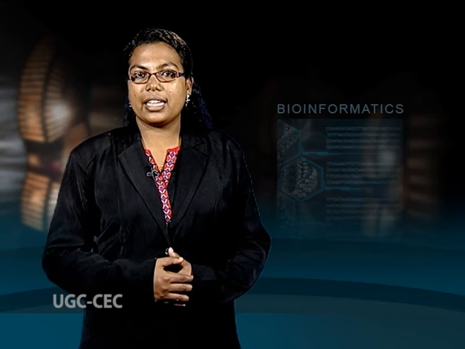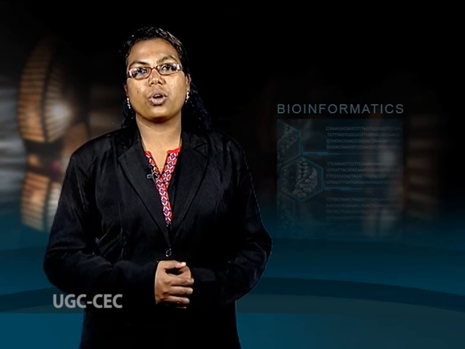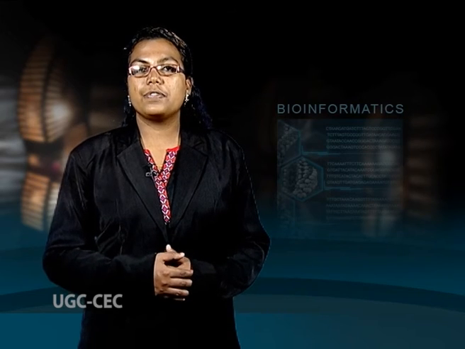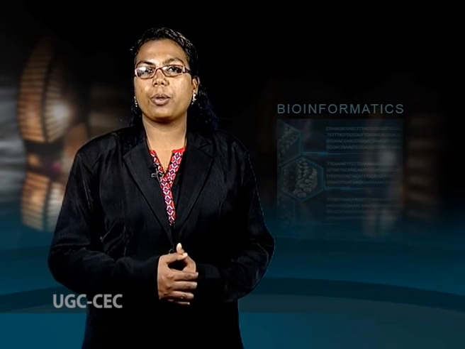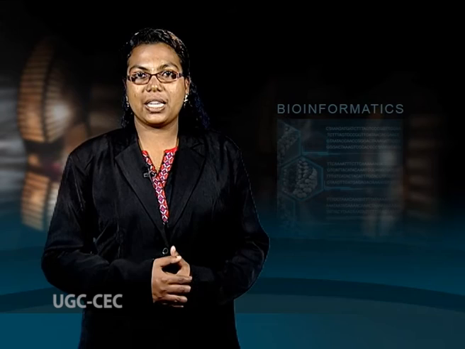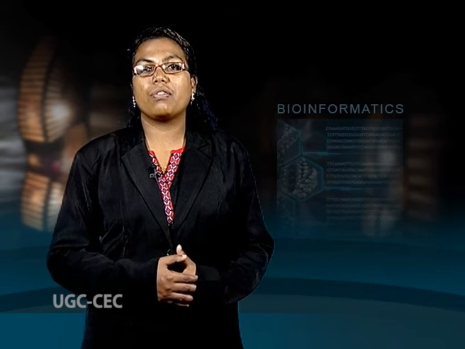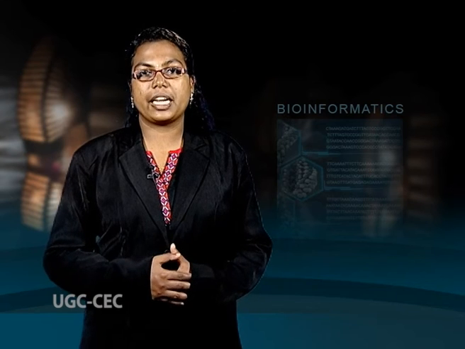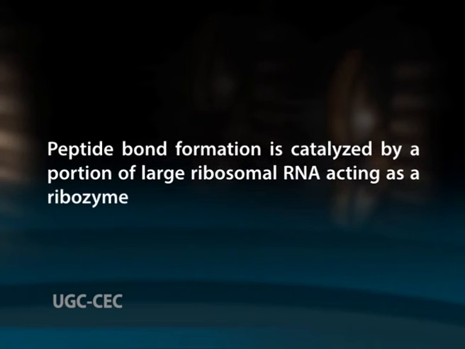Amino acyl tRNAs enter the A site where they bind to the complementary codon of the mRNA. After tRNA enters, the nascent polypeptide attached to the tRNA of the P site is transferred to the amino acid on the tRNA of the A site, forming a peptide bond. Peptide bond formation is catalyzed by a portion of large ribosomal RNA acting as a ribozyme.